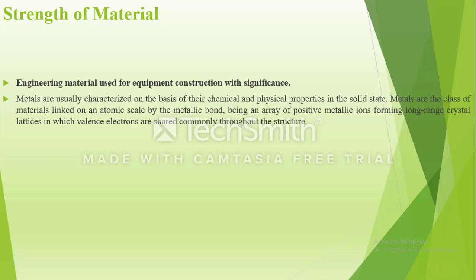According to their characteristics, each and every metal is used for various purposes. Metals are usually categorized on the basis of their chemical and physical properties. Metals are a class of material linked on an atomic scale by metallic bonds, being an array of positive metallic ions forming long-range crystal lattices. So, we will see one by one.